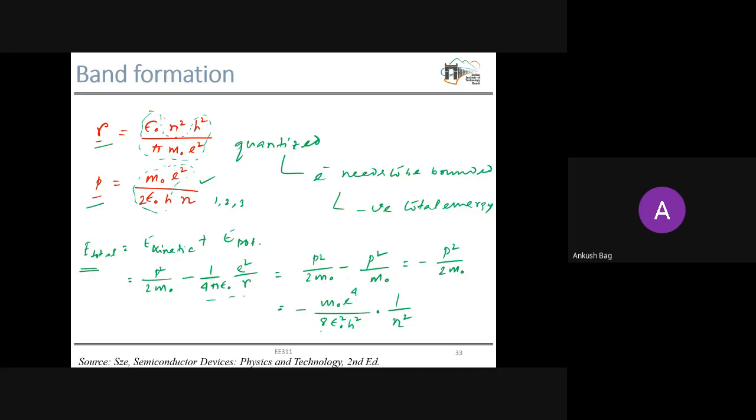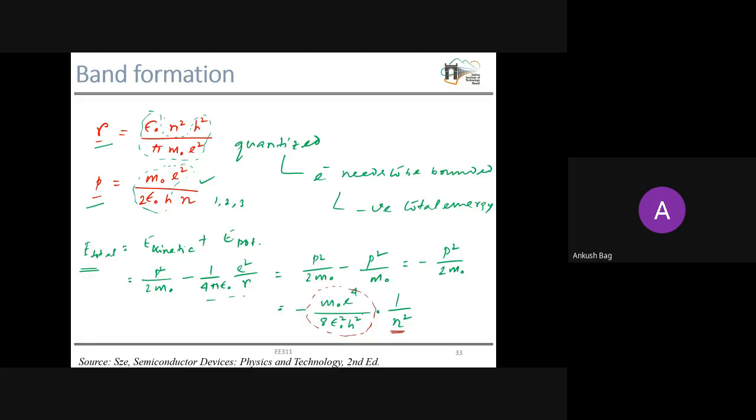Now look here. This is all constant, and n can only have integer values. So once again, the energy of electrons is quantized. That is why we have discrete energy levels when we have electrons surrounding or roaming around the nucleus.